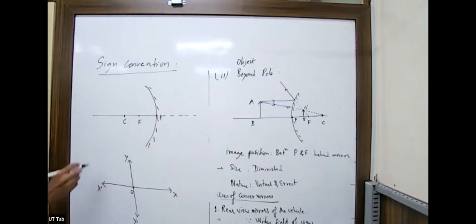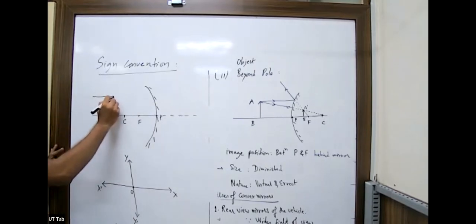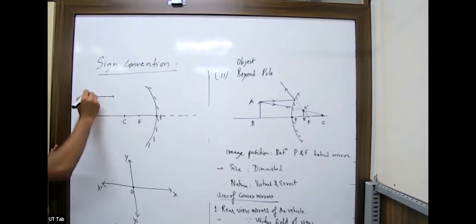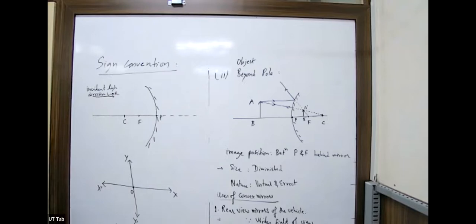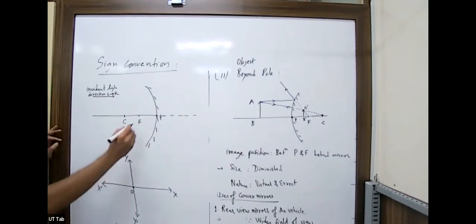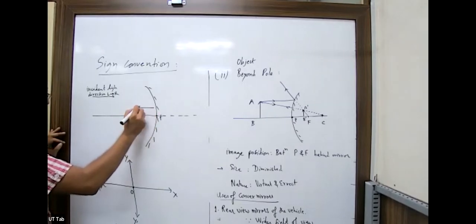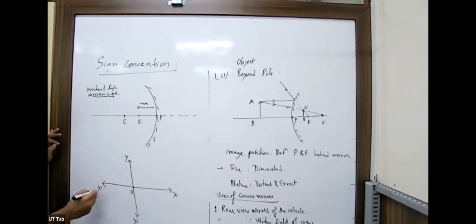In this system, all the incident light is in this direction, left to right. All the distances are measured from the pole. Distances to the left are negative, just like the Cartesian sign convention: left of the origin is negative.